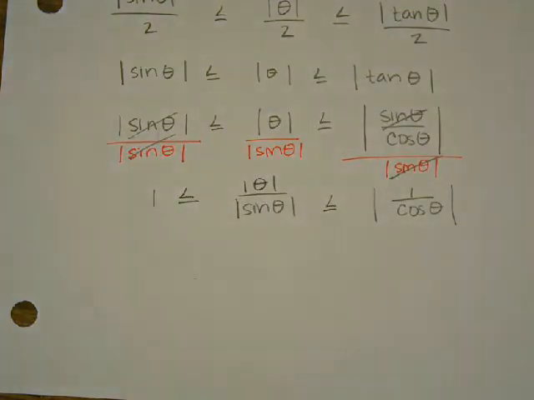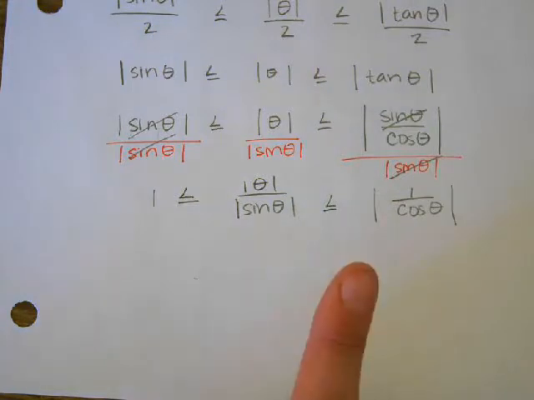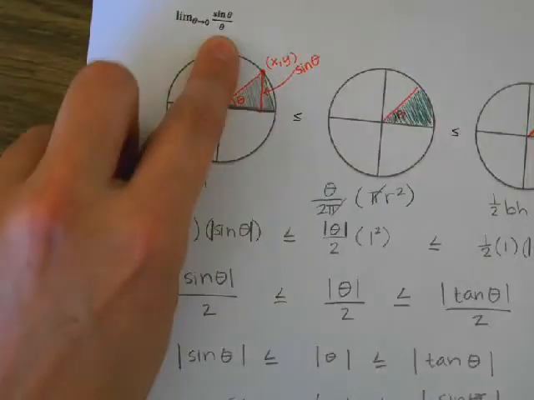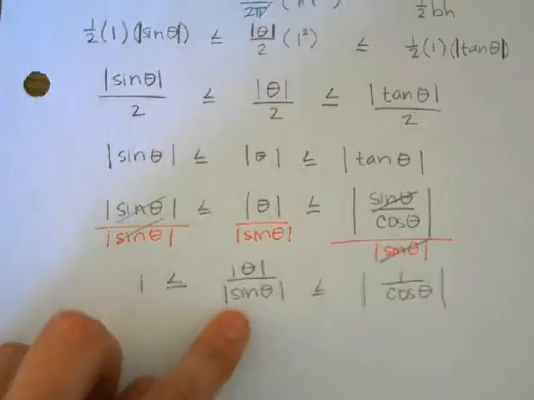Okay. All right, now this is very similar to what we want. It's not quite there yet. Does that make sense? Similar to what we want, not quite there yet. So what we're going to do next is consider, do you see how close we are to what we want squeezed in the middle? What's wrong with it? It's upside down. So what we're going to do is take the reciprocal of all these.